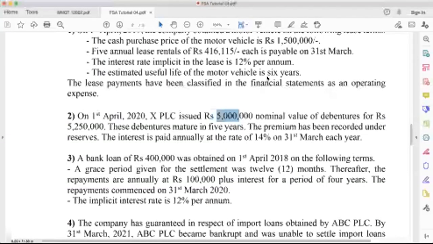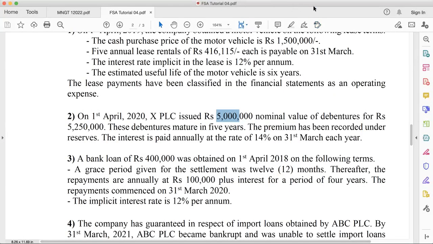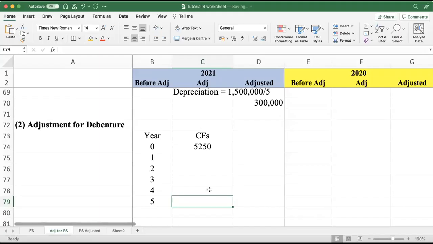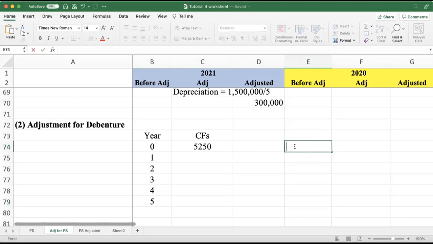Now calculate the interest value. How much interest? For coupon payments, coupon equals nominal value multiplied by coupon rate.